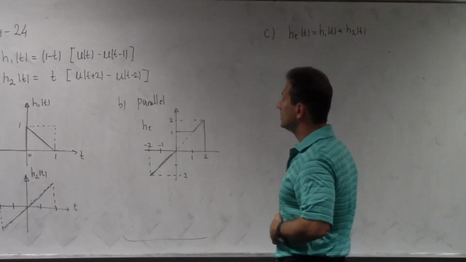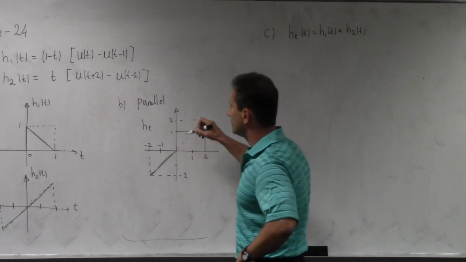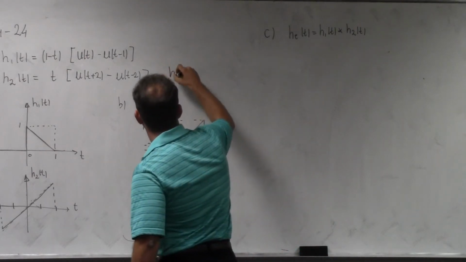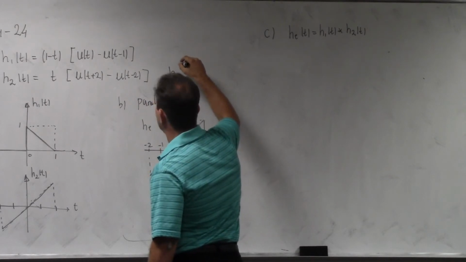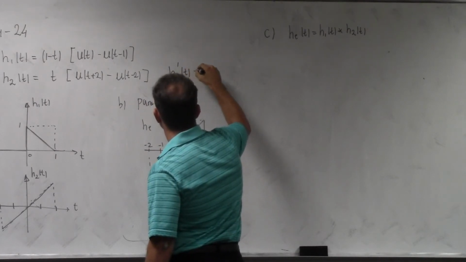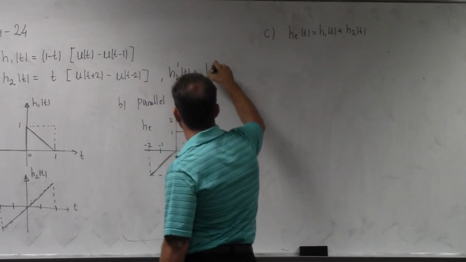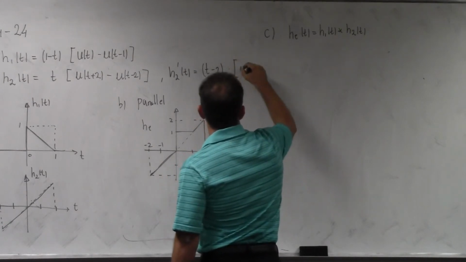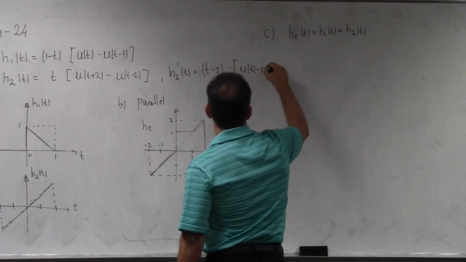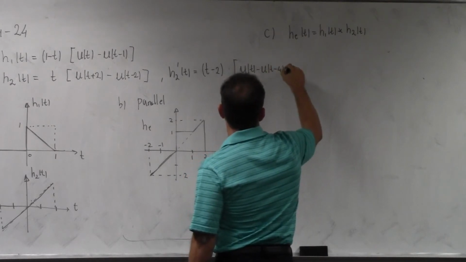I'm going to use the same trick as I did before. I'm going to define H2 prime of t as t minus 2 times u of t minus u of t minus 4.